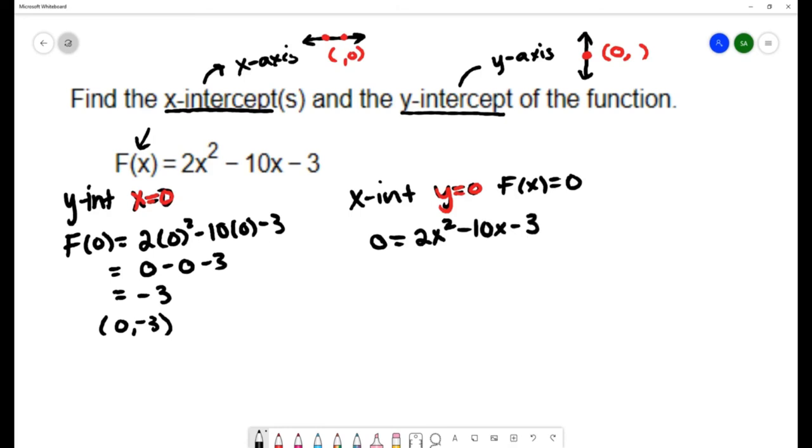This is a quadratic equation, and I want to solve this quadratic equation. Now we have lots of different methods for solving quadratic equations. We have factoring. We have the square root method. We have something called completing the square.